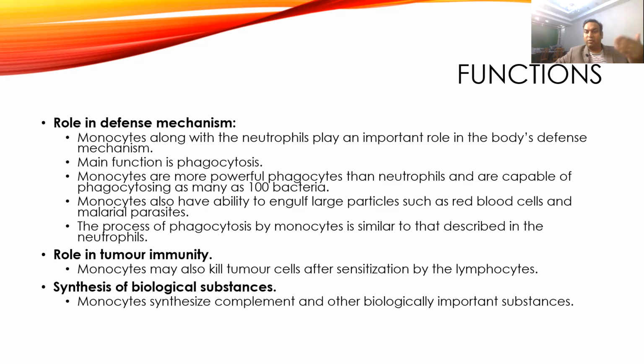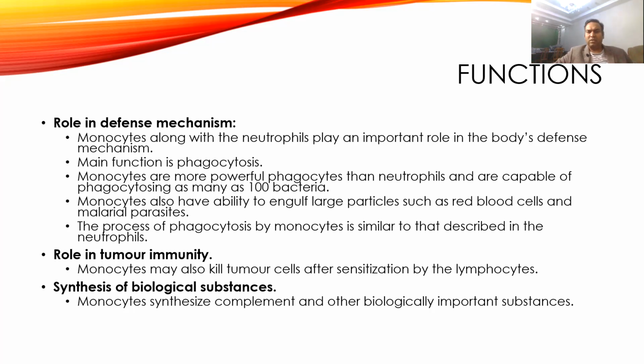Monocytes have the ability to engulf large bacteria, even as large as red cells, and even malarial parasites. They phagocytose like neutrophils, but another advantage is that they can also do exocytosis. That does not happen with the neutrophils. That's why they are able to phagocytose such a large number of bacteria.